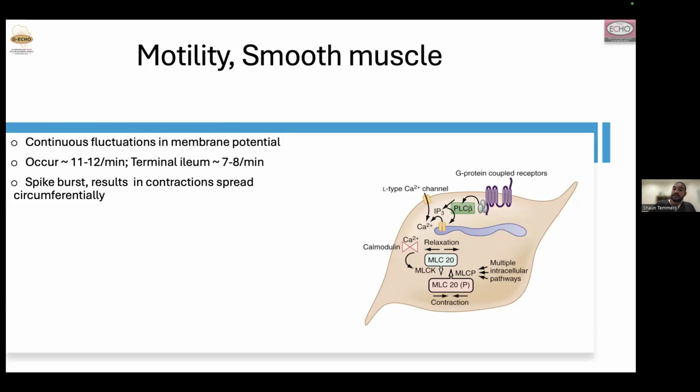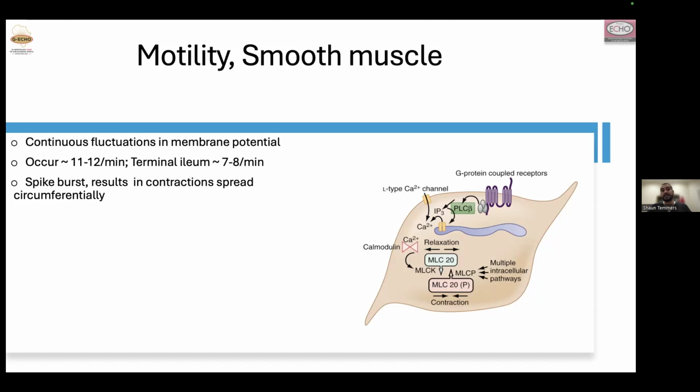Once calcium influx occurs, there are multiple intracellular pathways that allow for contraction through cross-linkages quite similar to actin-myosin cross-linkage as seen in striated muscle, but there's no striated muscle within the small intestine. These contractions occur at 11 to 12 per minute in the jejunum, and the rate decreases as you move anally to the terminal ileum to about 7 to 8 per minute.